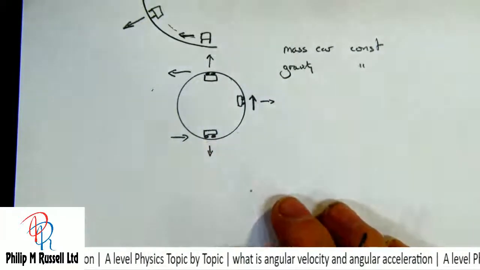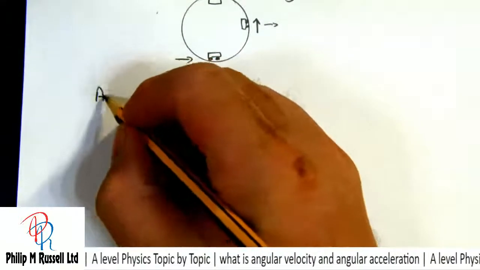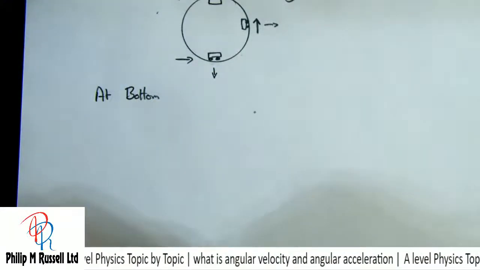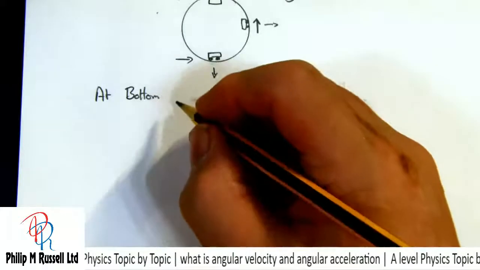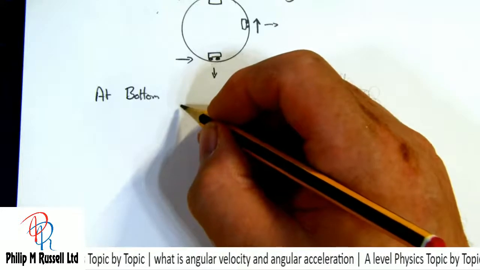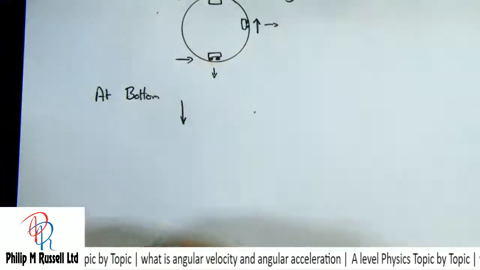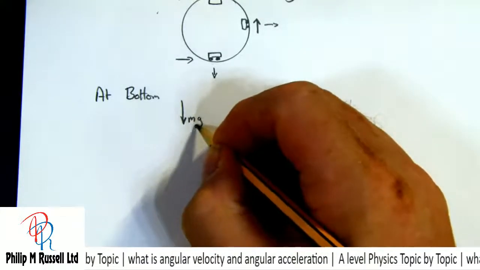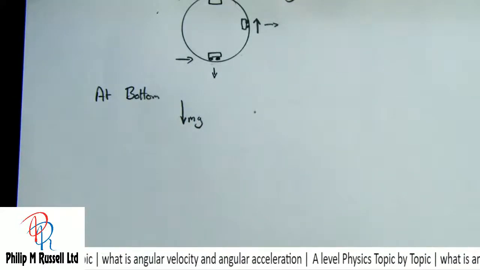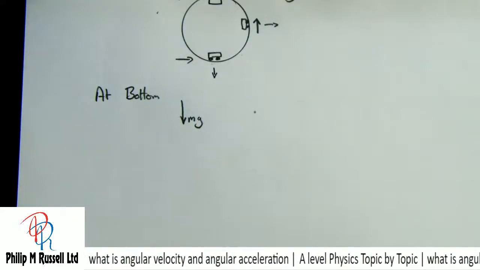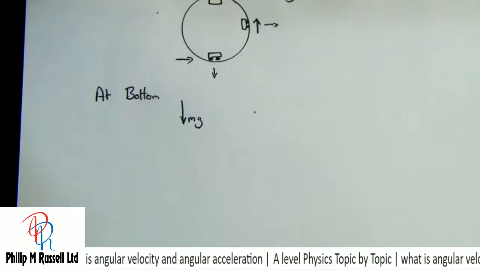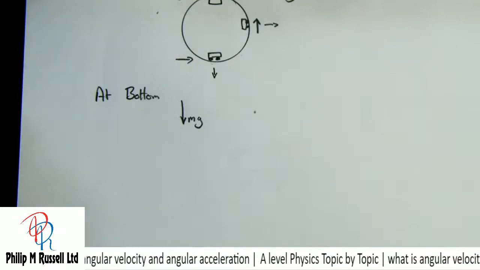So let's have a think about what happens at the bottom. Well, at the bottom, the weight is going down, but if we think about our contact force here, it's in the opposite direction. So we've got this centripetal force.